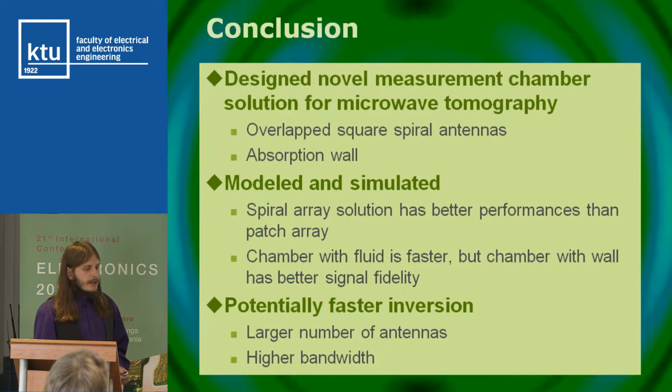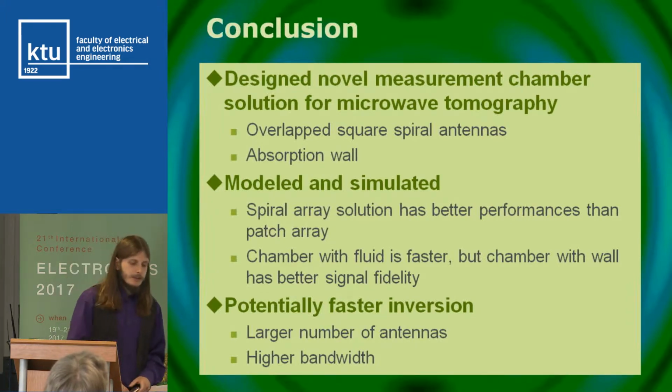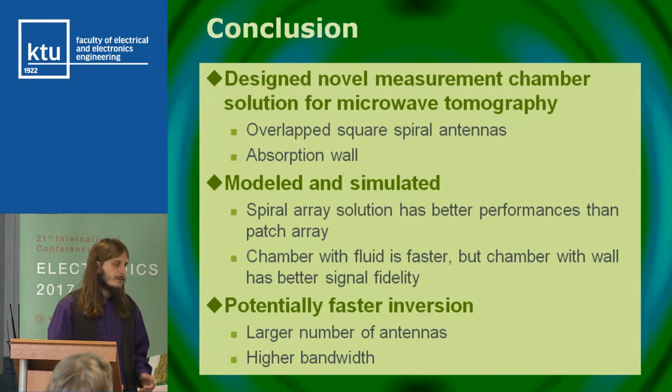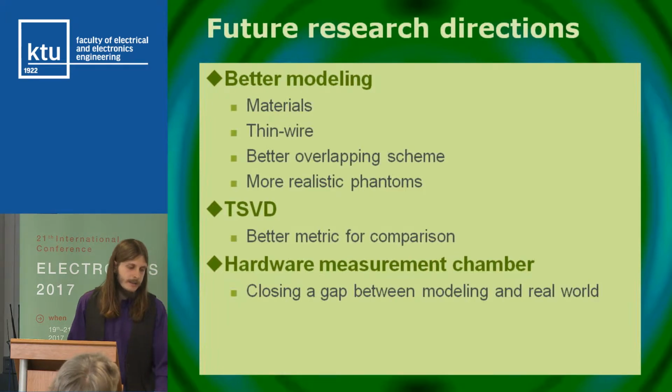It could be shown that the square spiral array has better performance than a patch array, and the chamber with fluid is a little faster, but the chamber with the absorption wall has better performance. What we potentially have with our solution with square spiral antennas is a larger number of antennas and higher bandwidth, because they are wideband antennas.